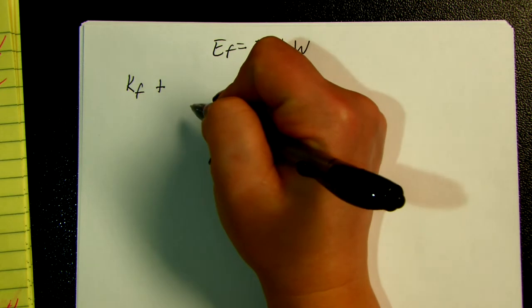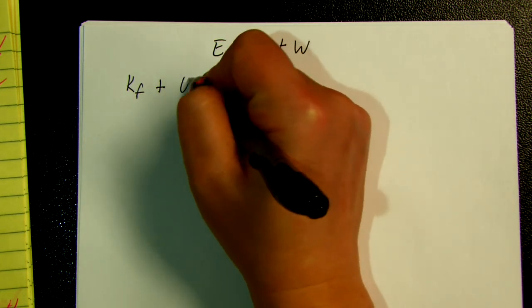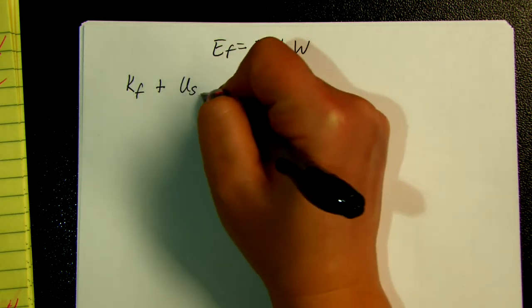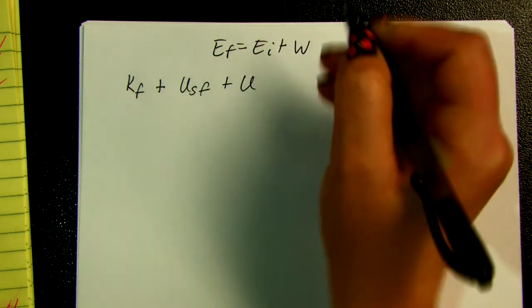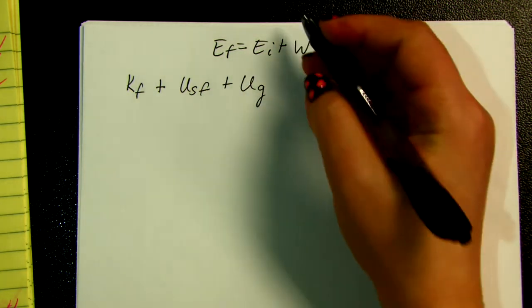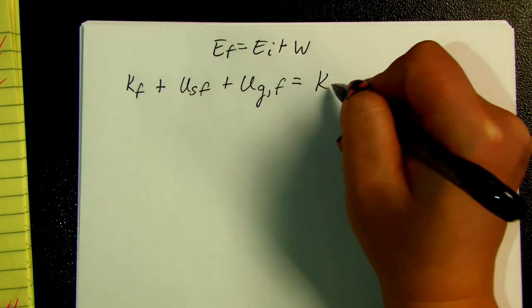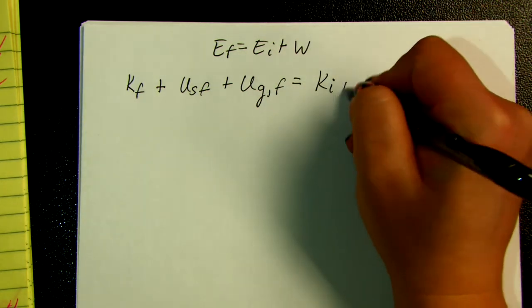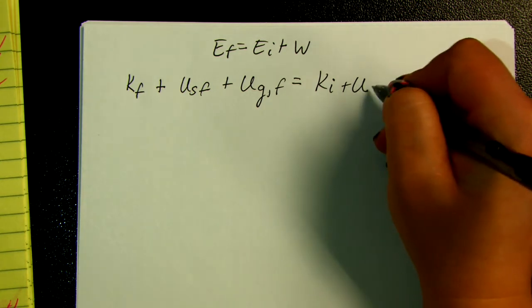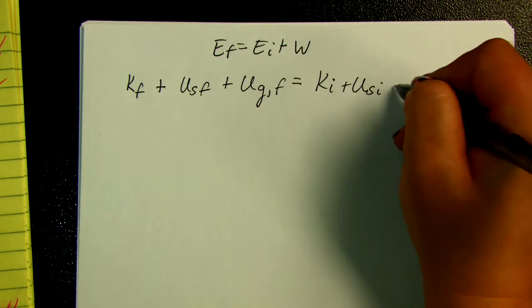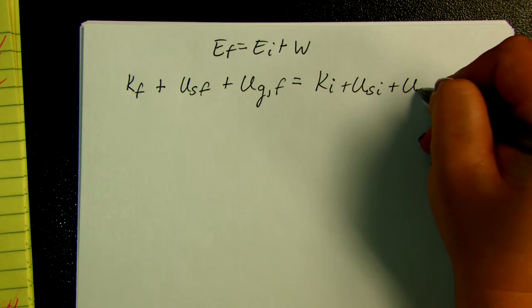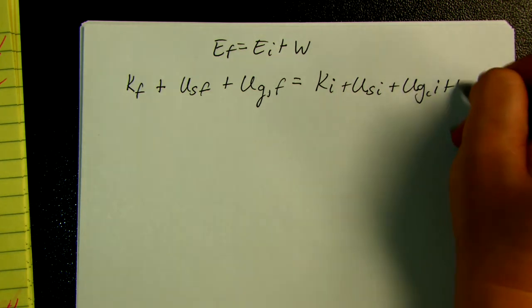So we're going to need the spring potential energy final plus the potential energy due to the force of the earth, gravity, final, and this is going to be equal to the initial kinetic energy plus the spring potential energy initial plus the potential energy from gravity initial plus any work done.